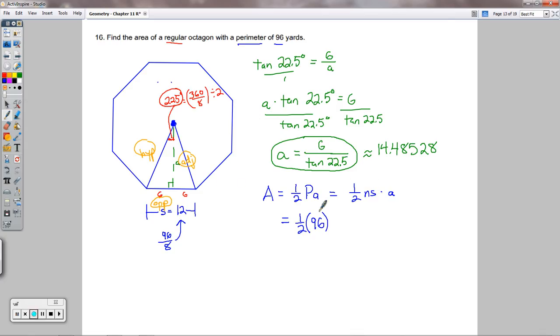So 8 times 12 is the same thing there as 96. The apothem is 6 divided by the tangent of 22.5. So I'm just taking that value, that's getting plugged in right here. And if you type all that in a calculator, you're going to get about 695.3, and this is in yards, so yards squared right there.